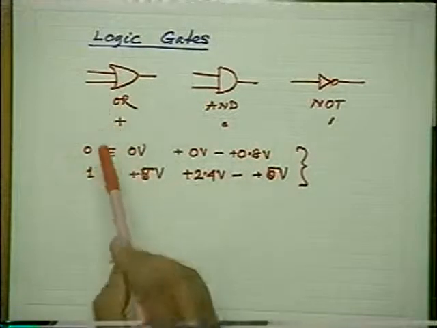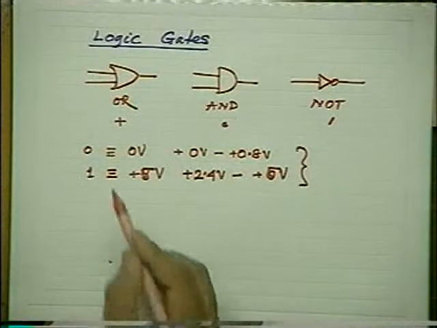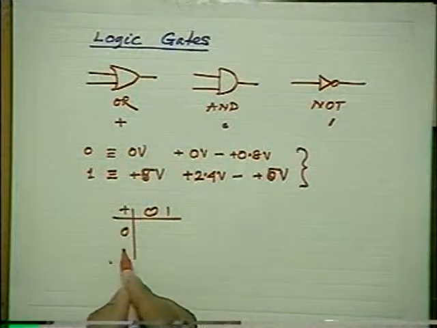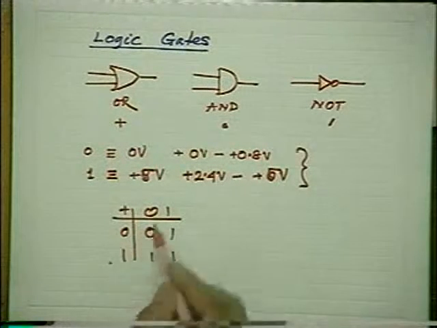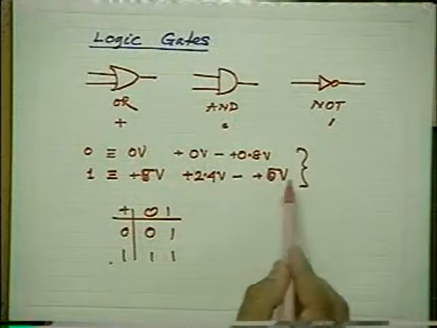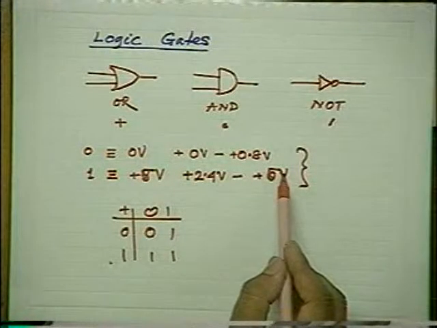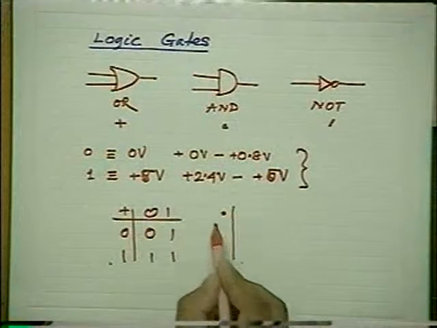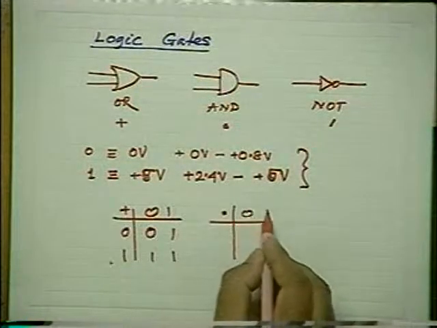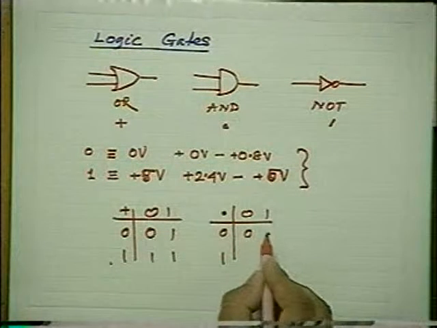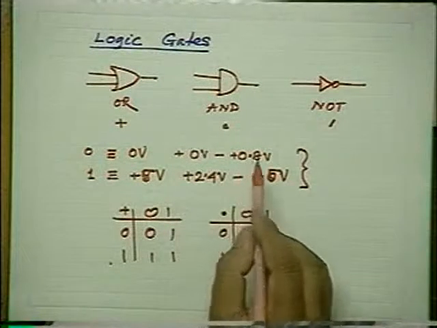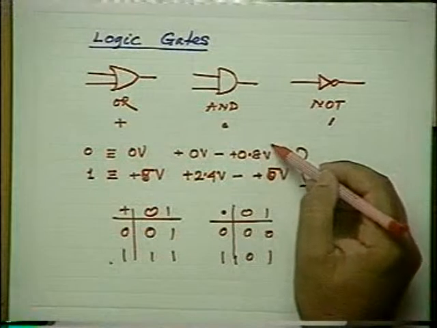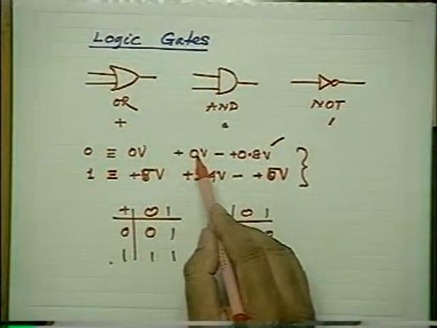Which essentially means that in the case of an OR gate, this logic plus, 0, 1, 0, 1, this is 0, all others were 1. That means, if any of the inputs is within these voltages, the output will be this voltage, otherwise the output will be this voltage. In the case of an AND operation, if any of the inputs is this, then the output will also be 0, which means between 0 volts and, say, +0.8 volts.